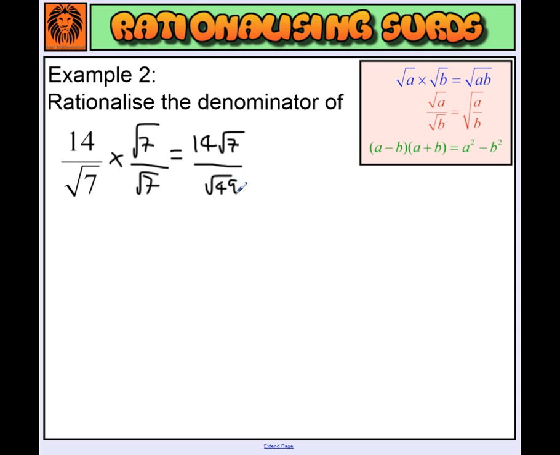We know that root 49 simplifies to 7, so we can rewrite this as 14 root 7 over 7. We can simplify this even further, because 7 is a factor of 14. So this will simplify down to 2 root 7.